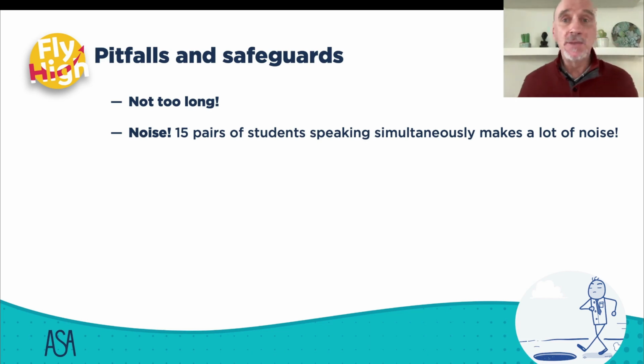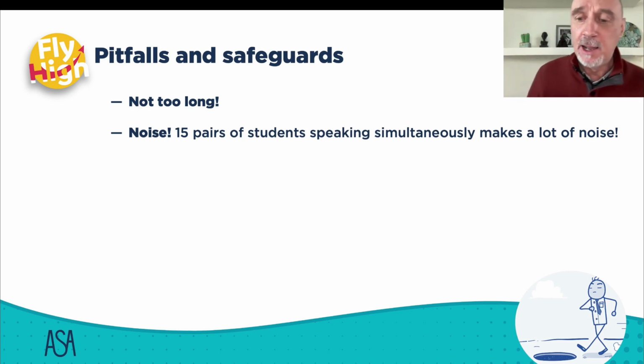But we need to be aware that this is going to happen. We need to prepare ourselves for the fact that there's going to be a higher noise level than usual, and not to get freaked out about it. But also that sometimes the noise level gets too high and makes it difficult for students to actually communicate effectively, because there's so much noise around them they can't hear.